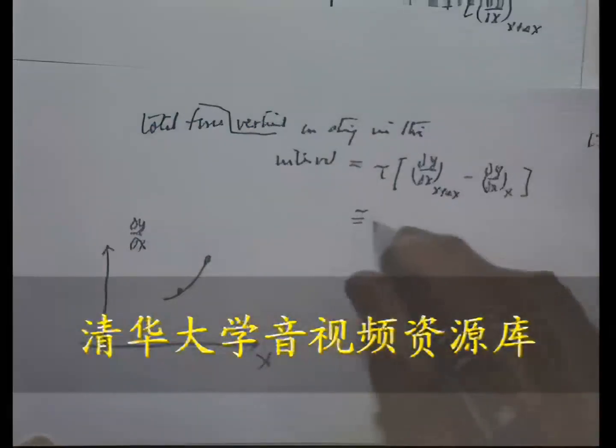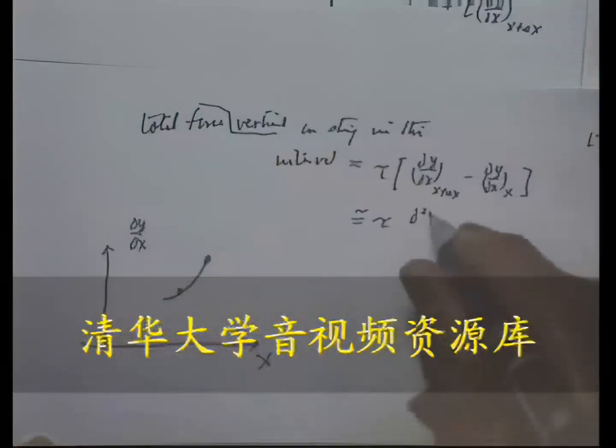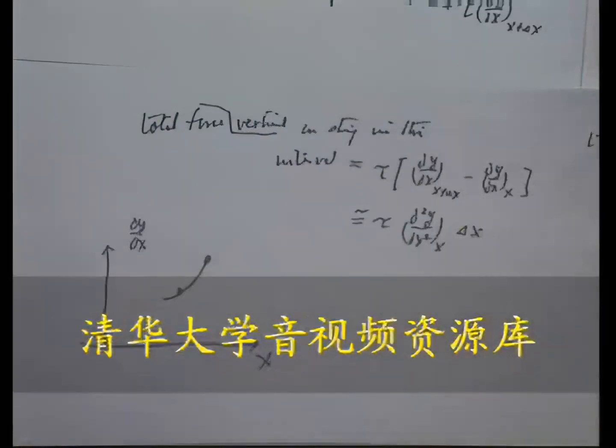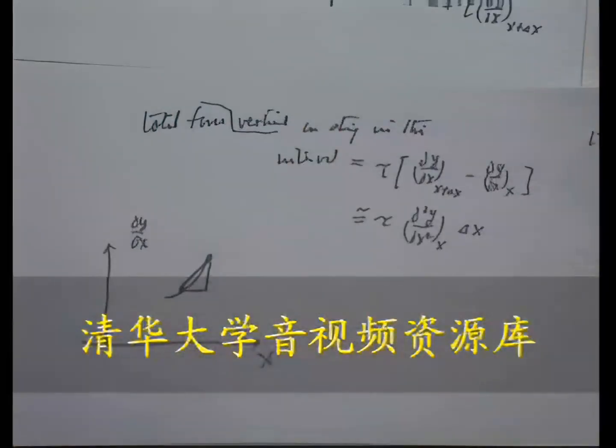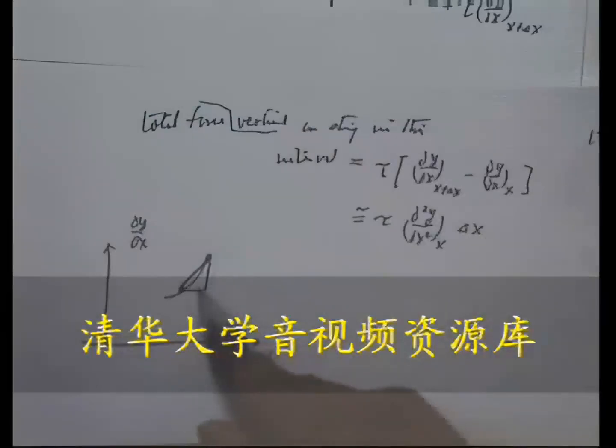I claim this is equal to tau times d squared y/dx squared at x, times delta x, because this difference is the derivative. This is the direction of the tangent, this is the direction of the angle. But when delta x is very small, these two are the same.